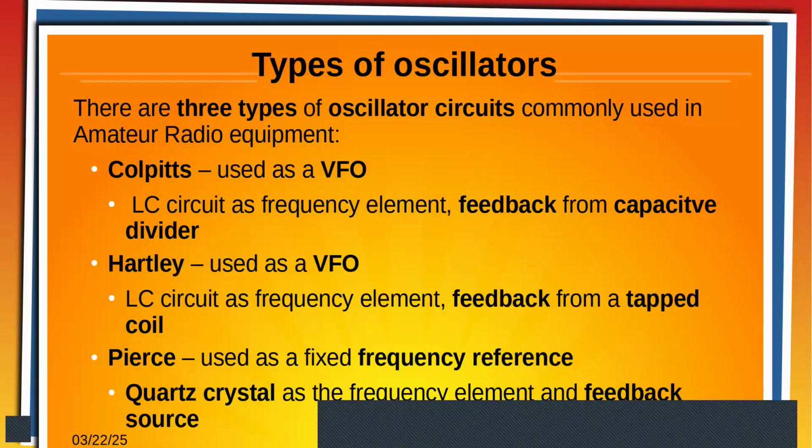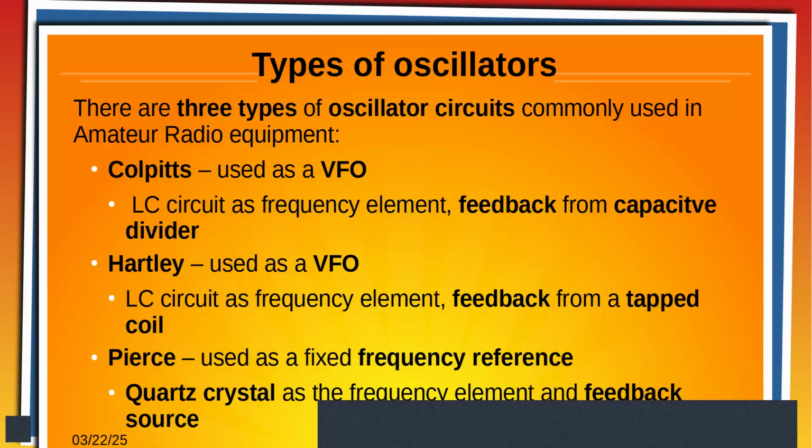The main thing to remember about a Colpitts is the feedback comes from a capacitive divider. So in your tank circuit with an inductor and capacitor, you'll have two capacitors and you'll take the feedback off of the center of that capacitor. So you're getting half of that signal.